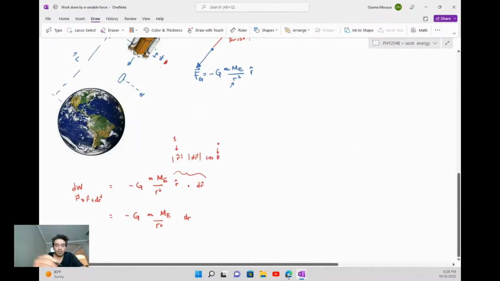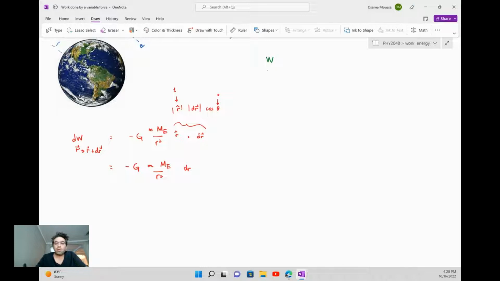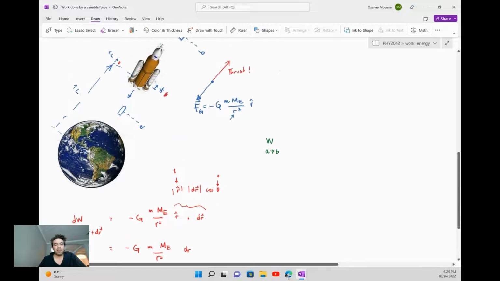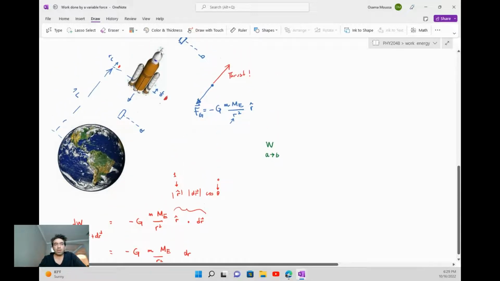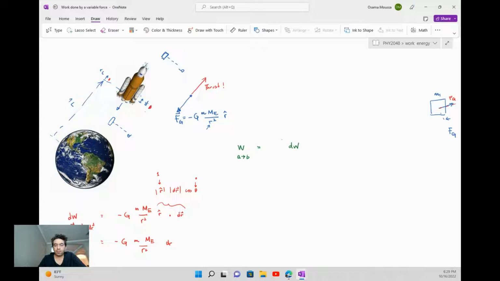So I calculate, I say, therefore, if I want to calculate the work done to go from some location A to some location B along this path, then that would be equal to the integral of that infinitesimal work from situation A to situation B, which would then look like that little amount of work has negative G times the mass of the object times the mass of Earth.